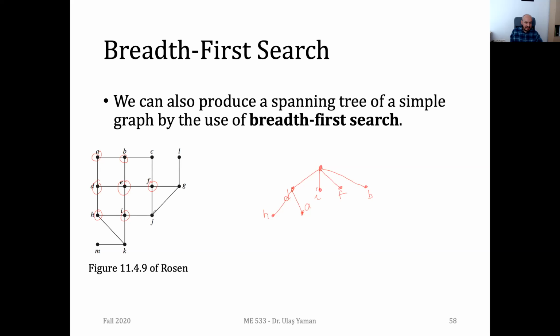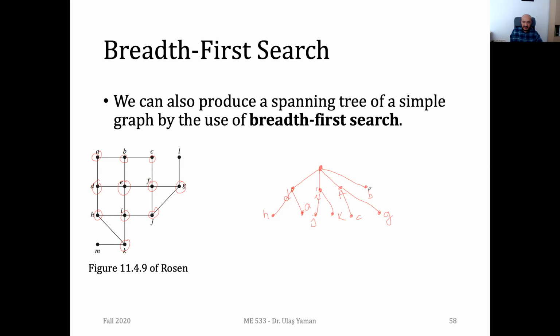These are already visited. I need to have J and K. J, K. Okay, for F, I may have C and G, right? I have C and G.